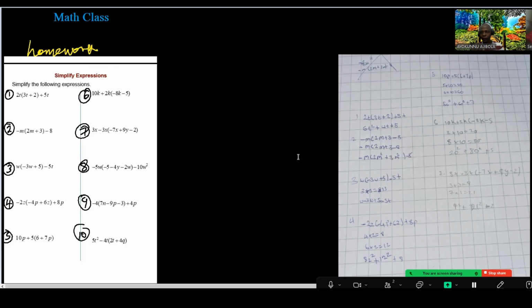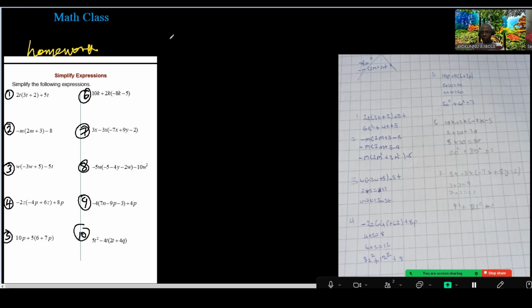Let's quickly look at the correction to your assignment. The first question says 2t into 3t plus 2, then plus 5t.